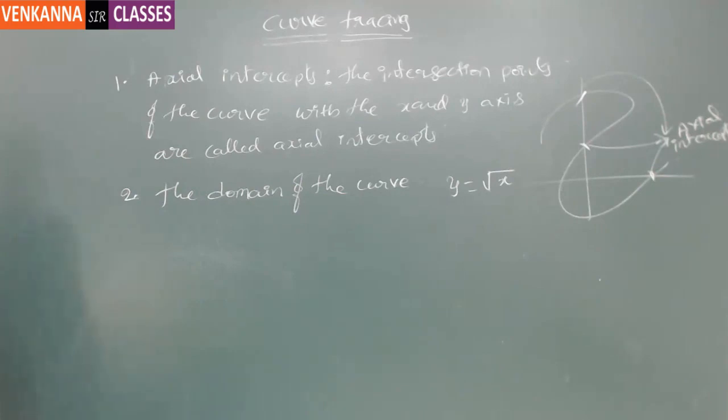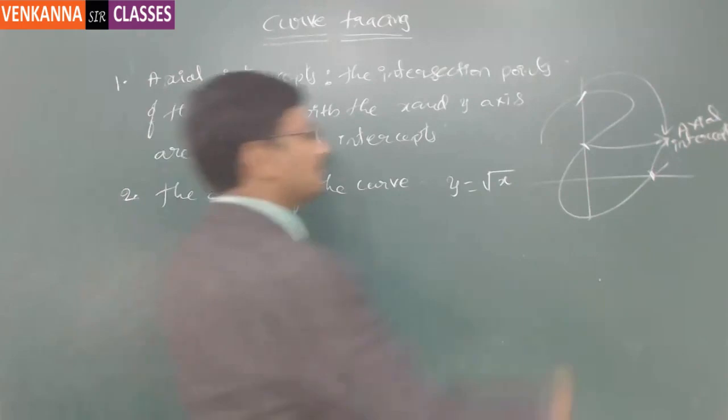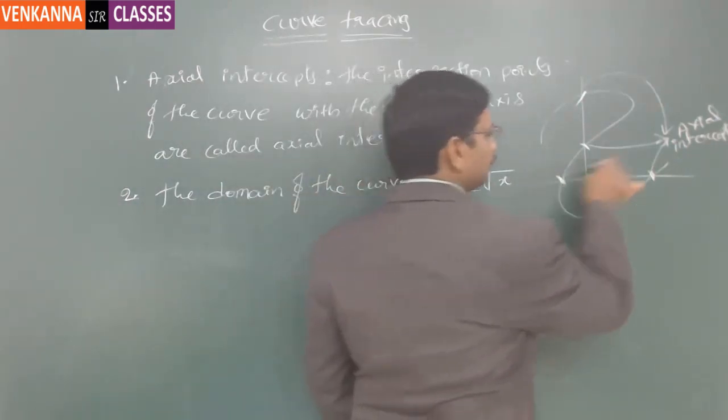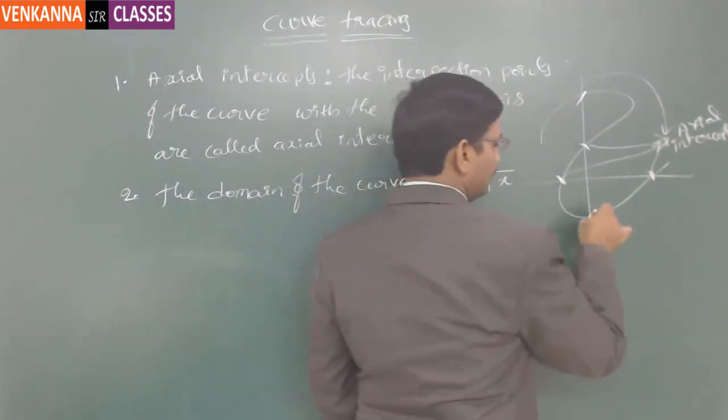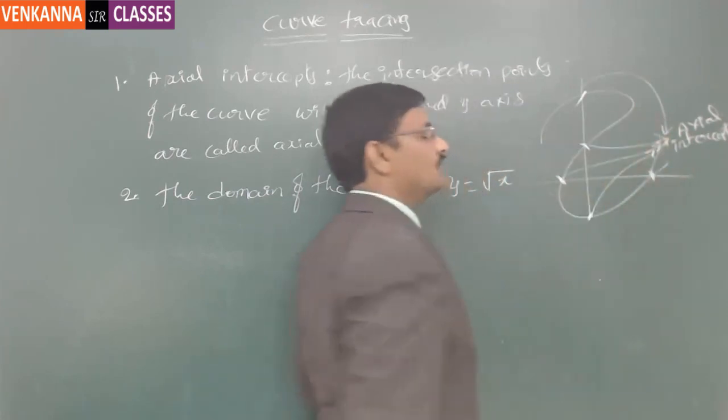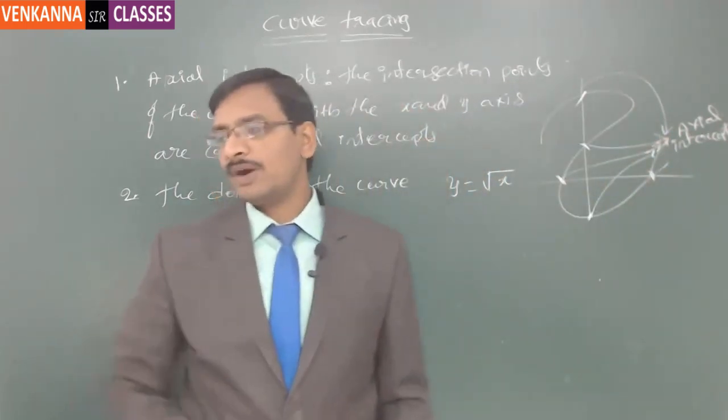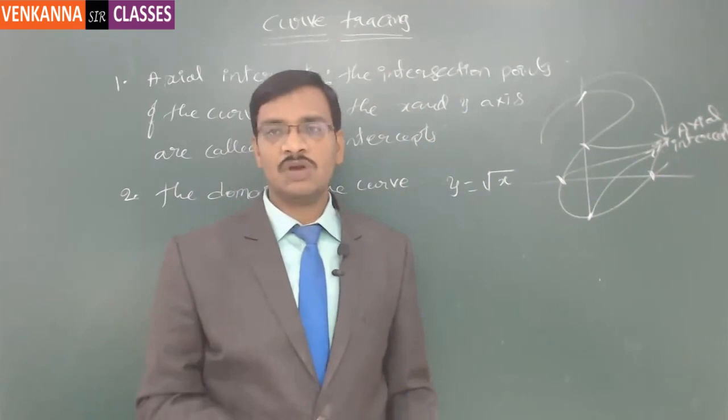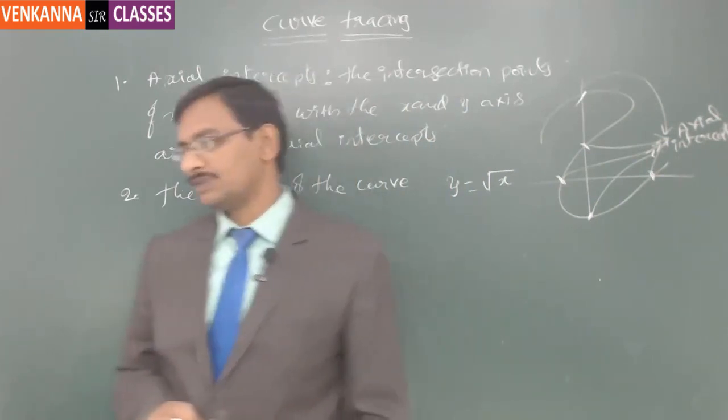What about the other 2 points on the negative x and y axis? See this, these points also, I missed it. All the points wherever it intersects, all those points need to be considered. That's what we call the axial intercepts, right?